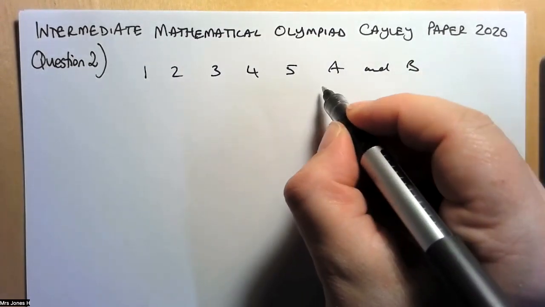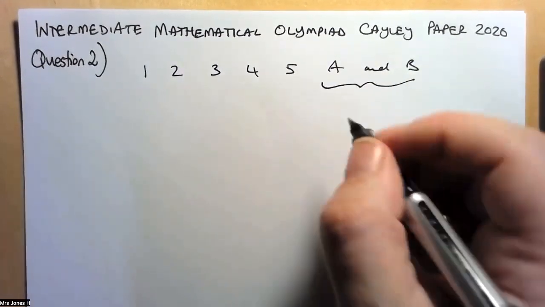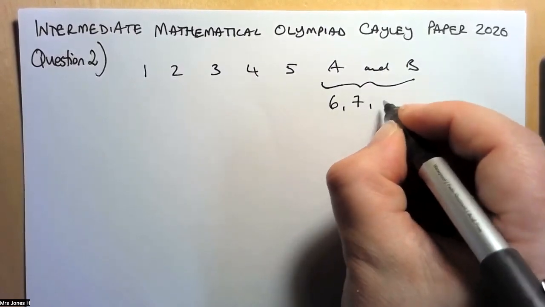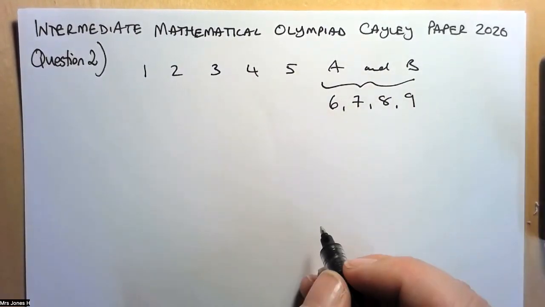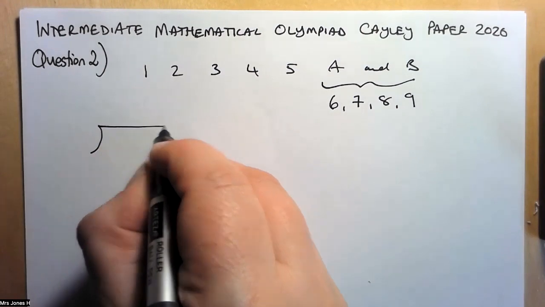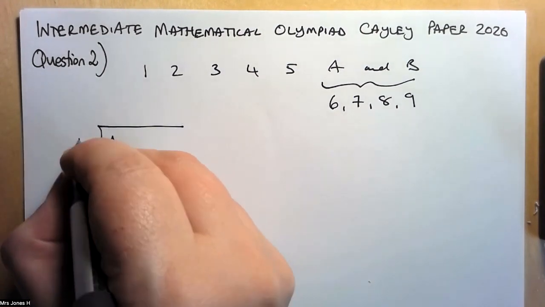Now we're told that A and B are non-zero, so they can only be 6, 7, 8, or 9. We have two divisions to consider.